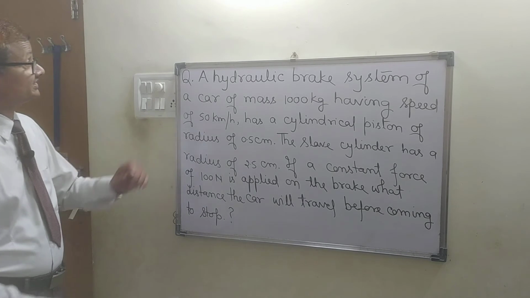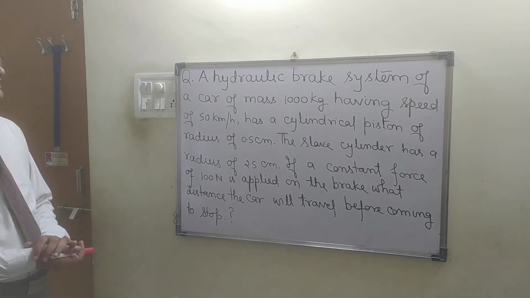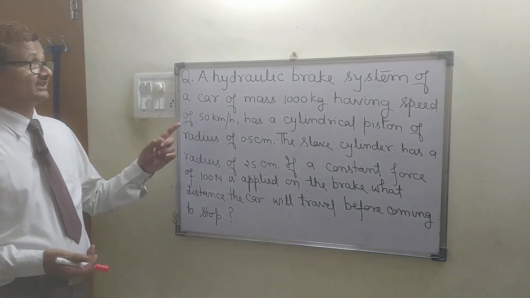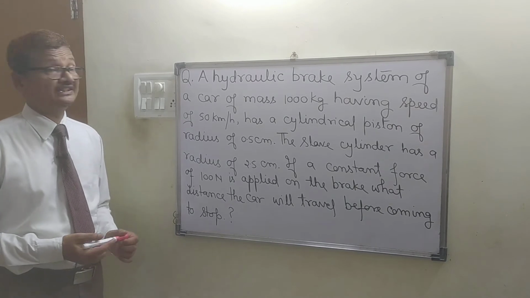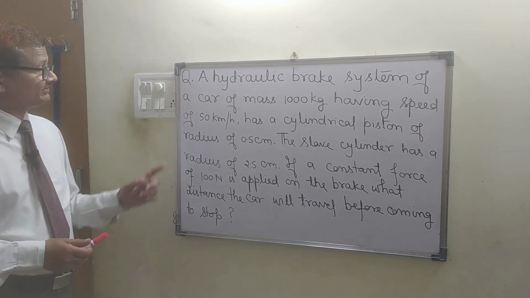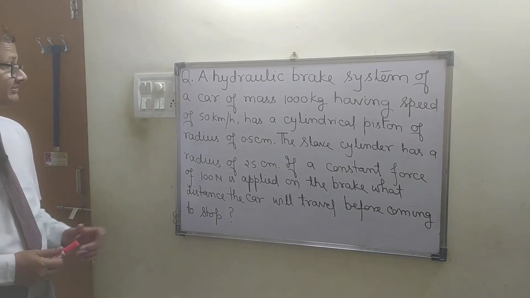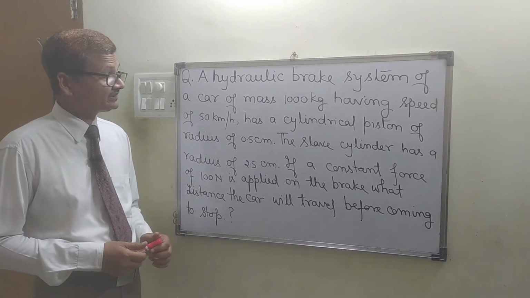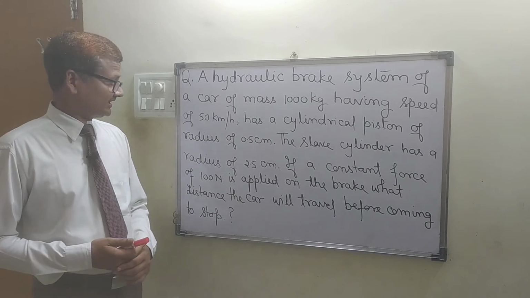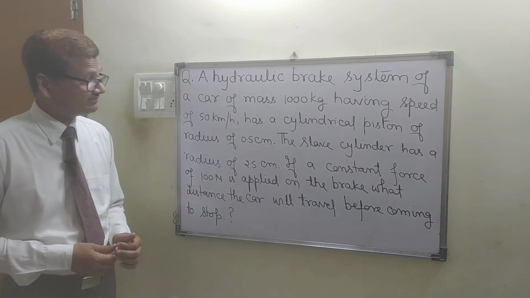Now this is a question. A hydraulic brake system of a car of mass 1000 kg having a speed of 50 km per hour has a cylindrical piston of radius 0.5 centimeter. The slave cylinder has a radius of 2.5 centimeter.